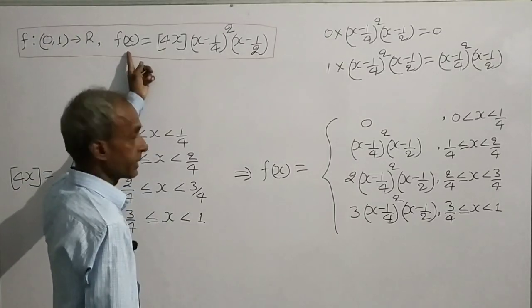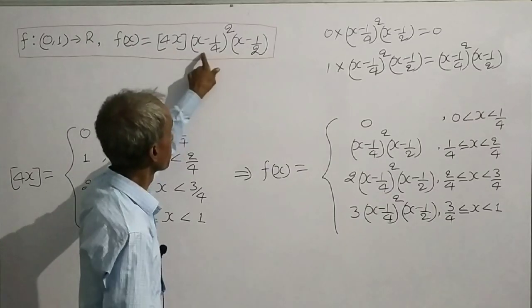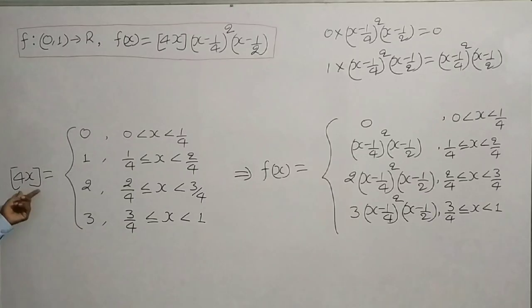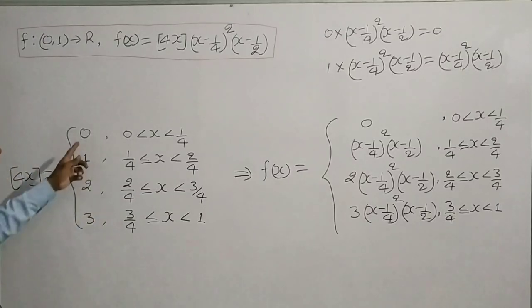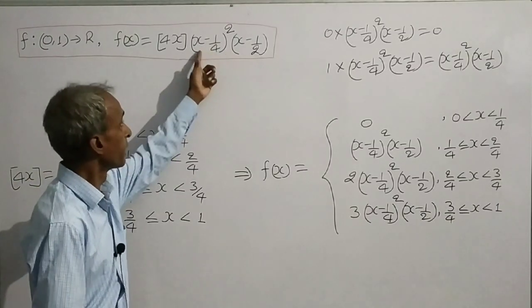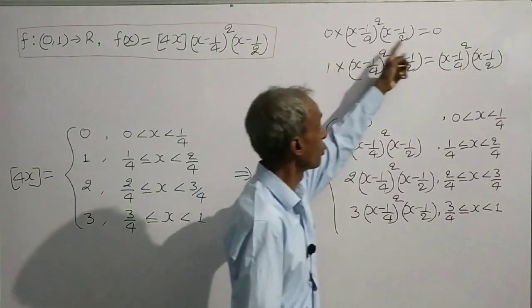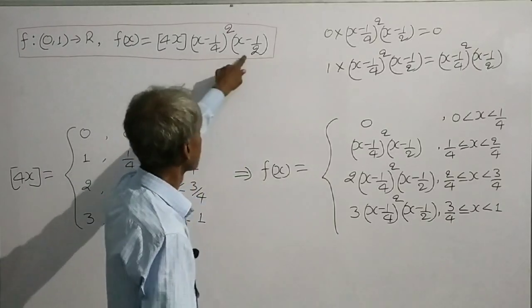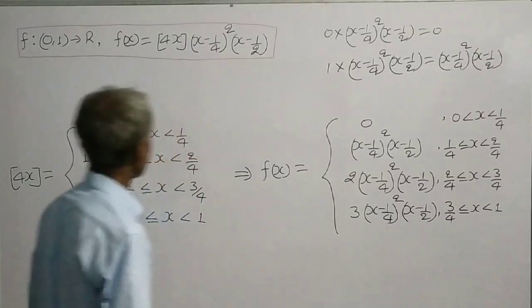Since f(x) is the greatest integer of 4x times this expression, when we multiply the greatest integer of 4x by this expression, as for example, 0 times (x minus 1 by 4) square times (x minus 1 by 2), we get 0. 0 times this expression is equal to 0. So, we write 0 here.